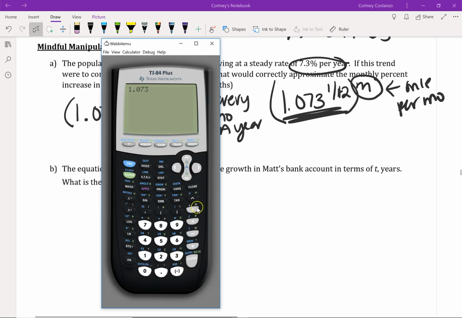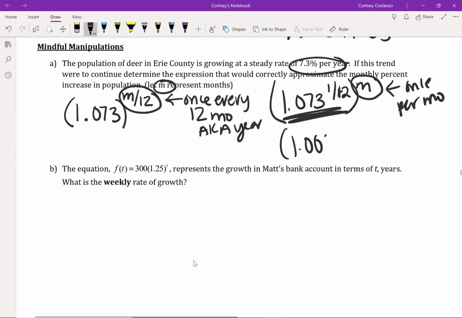Now this is where I saw a lot of kids throughout the year make mistakes. It has to be raised to the 1/12, not times a 12th. All right, so the base ends up being 1.0059 to the m, and it says find the monthly percent increase. So if I convert that back to a percent, it's about 0.6% growth per month.